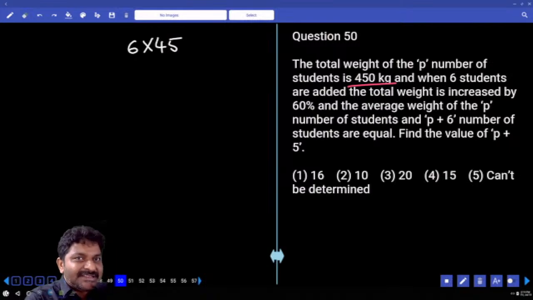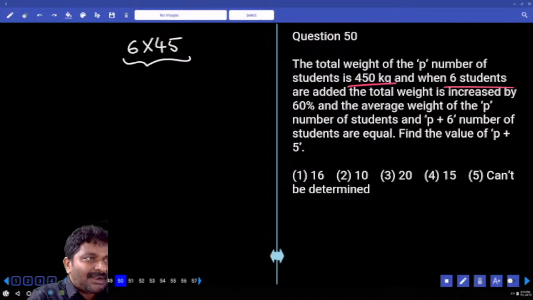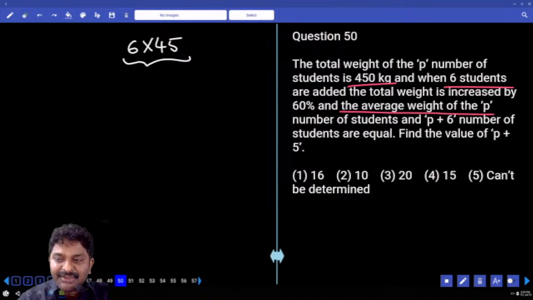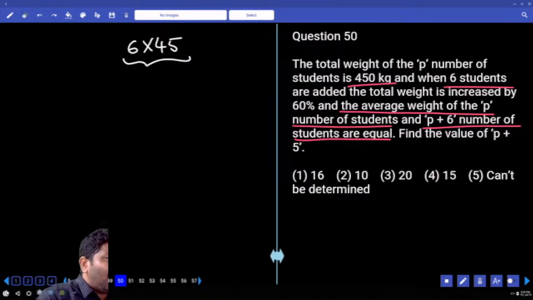Whatever is the increase in weight, that is weight of how many students? 6 students. Is it clear? Right. So when you calculate this, you'll get some number, and that is total weight of 6 students, and the average weight of P number of students and P plus 6 students are equal. So initial average and second case average both are equal.